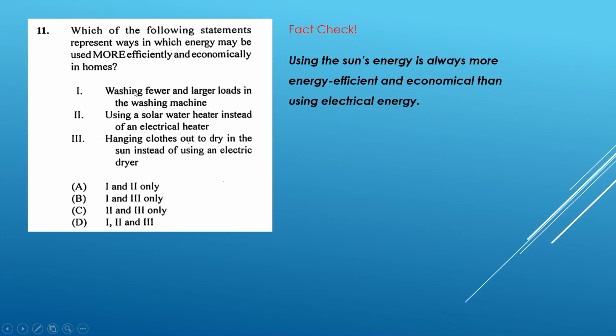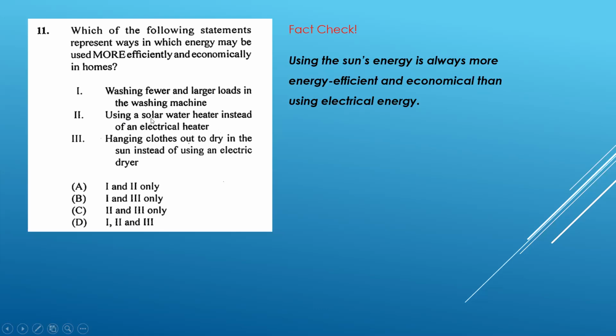So one, washing fewer and larger loads in the washing machine. Yes, this will conserve energy, because you're using the machine fewer times, even though the loads are larger. But the fewer times you use the machine, the less energy will be expended.